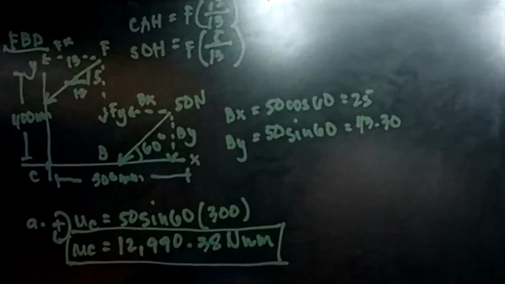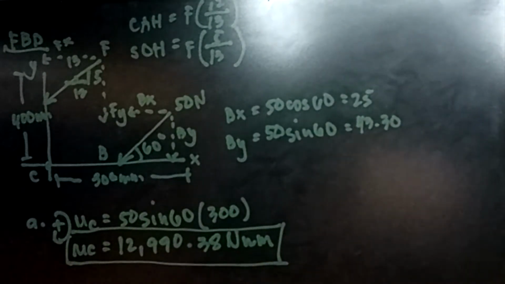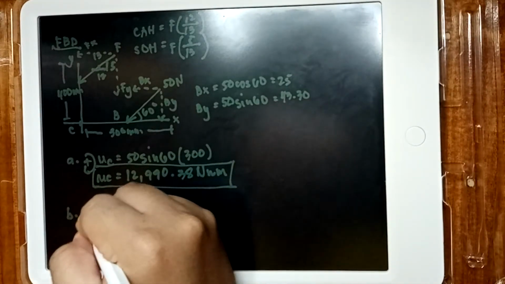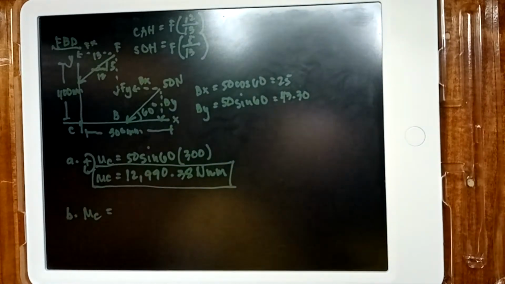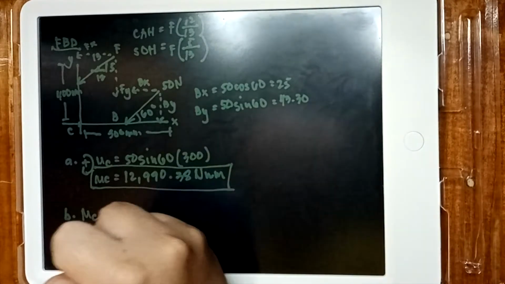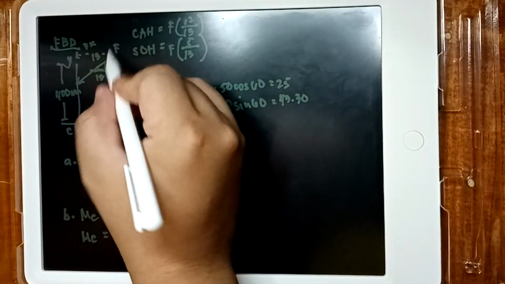Next, yung ating B. So, ano daw yung magnitude of force F at A? So, basically, ang tanong lang dito is ano yung value ng ating F. So, alam natin na moment at C is equal to F times the distance. So, moment at C is equal to force is unknown.